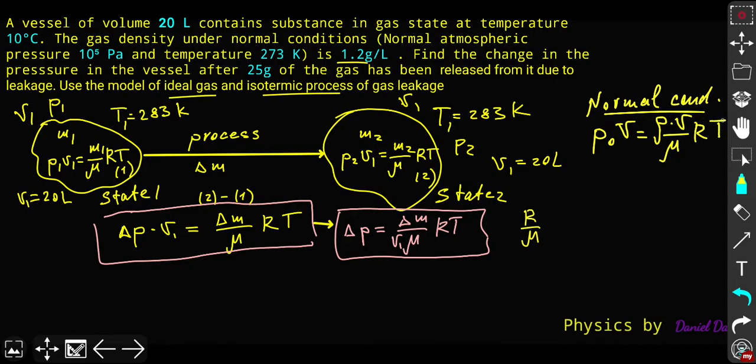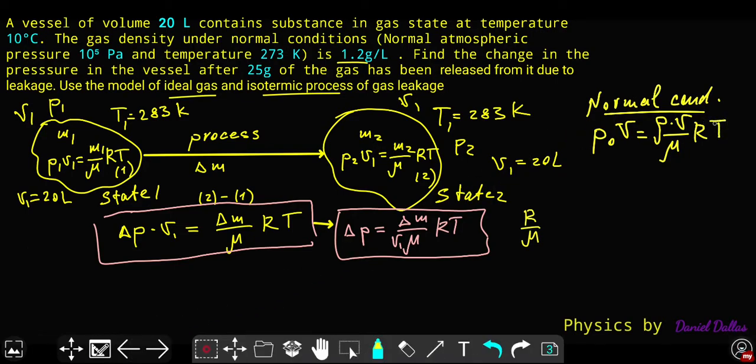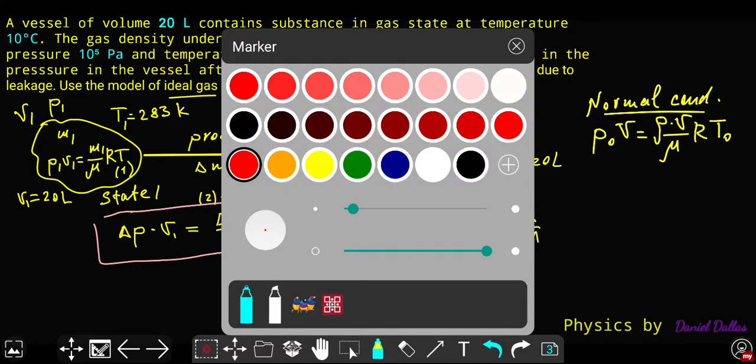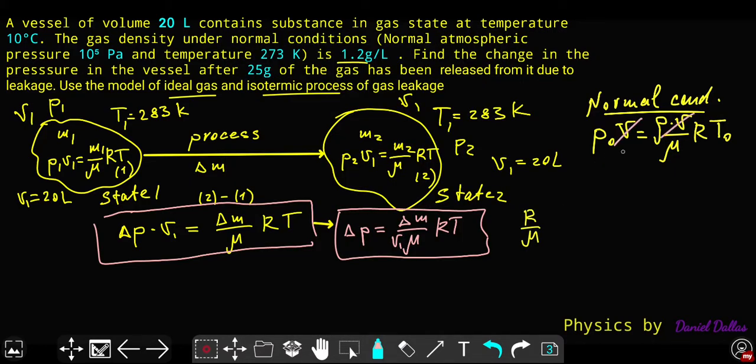In this case, we'll use RT0, okay? Because we're going to use normal conditions. All right, so volume will be cancelled, so we can cancel volumes here, and we're left with R over molar mass that we need to define.